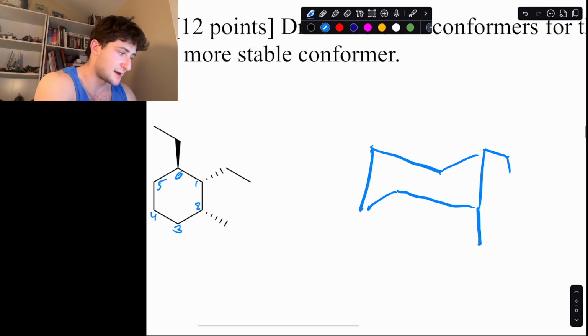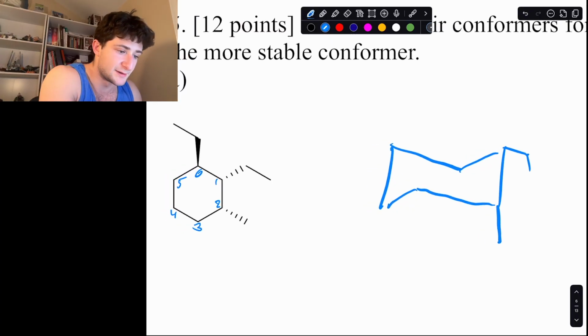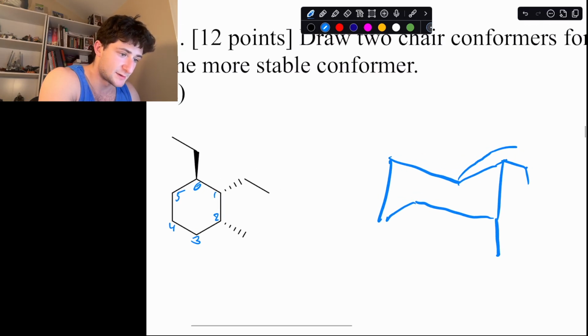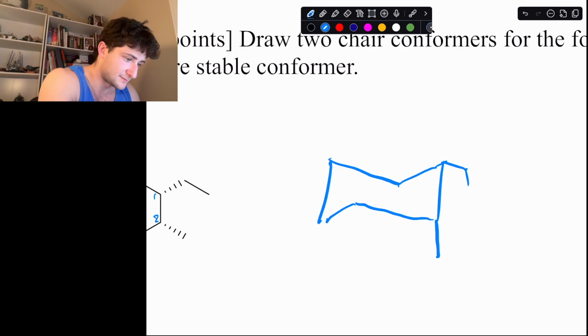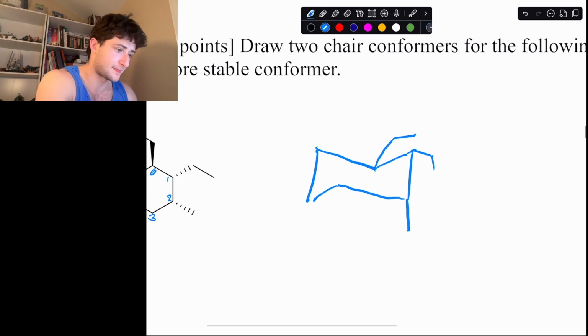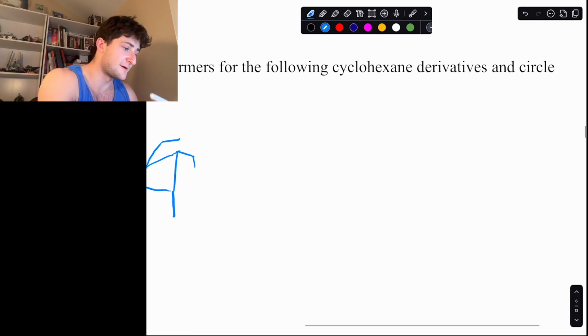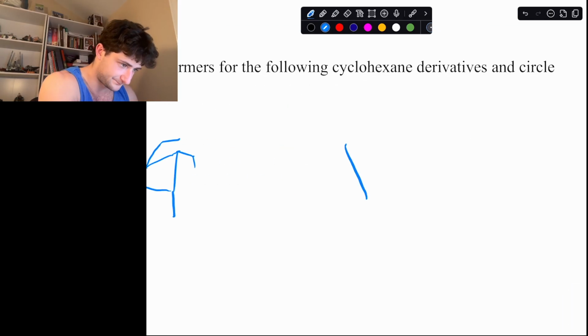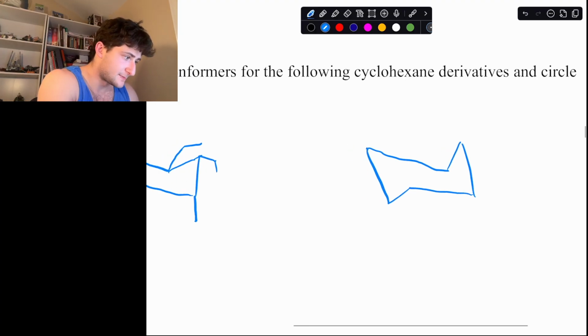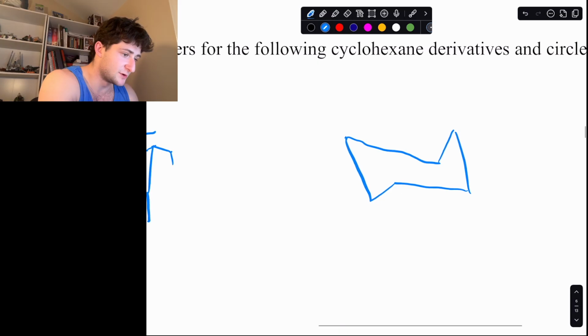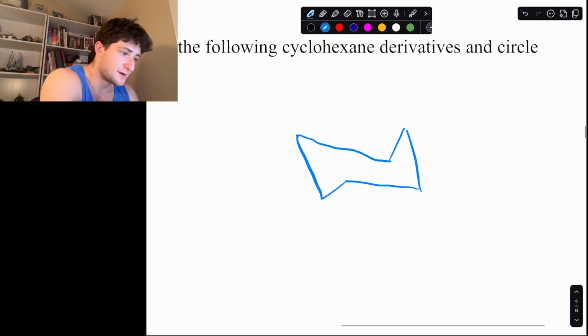We got axial up, but since this one goes straight up, this one will go towards the nearest corner there. And then you got to draw the flip. So you draw it the other way. And then what you do is you rotate everything 1 over. So if this used to be 1, now this is 1, 2, 3, 4, 5, 6.